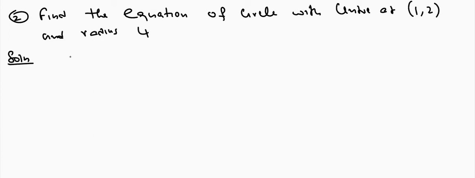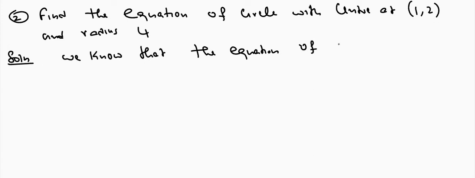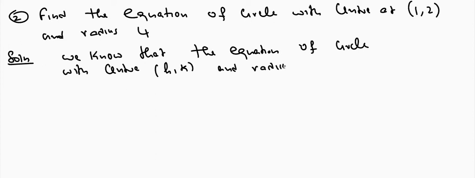Solution: we know that the equation of a circle having center (h, k) and radius r is given by (x minus h) whole square plus (y minus k) whole square equals r square.